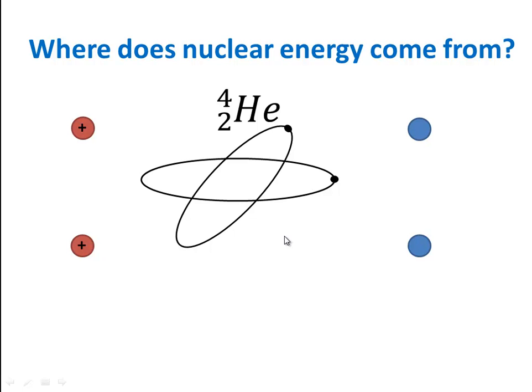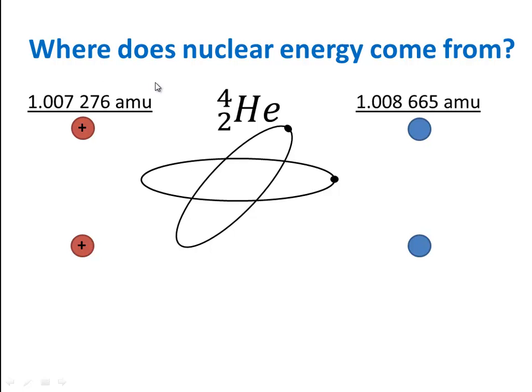Okay. Now, in order to understand what's going on with nuclear energy, the first thing that you have to notice is what's going on with the mass. Let me just lay a couple things on the table here. The mass of a single proton is known to very high precision in terms of atomic mass units, and this is the value for protons.